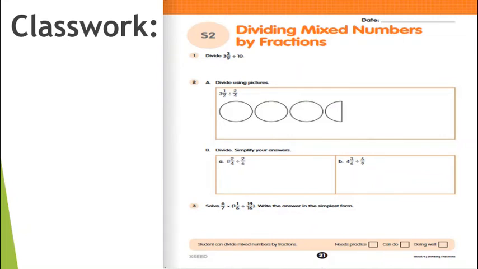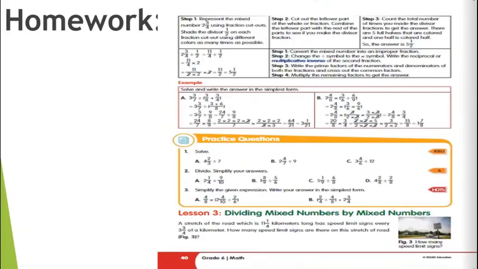Again, get your workbook, answer page 21, sheet work number 2, entitled Dividing Mixed Numbers by Fraction. And do not forget also to answer your homework. That would be in your content book, practice questions 1, 2, 3 in page 40. Because you need to have the solution, you need to put it in your notebook.